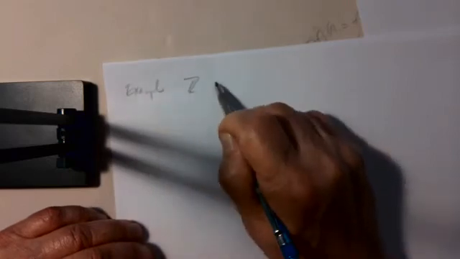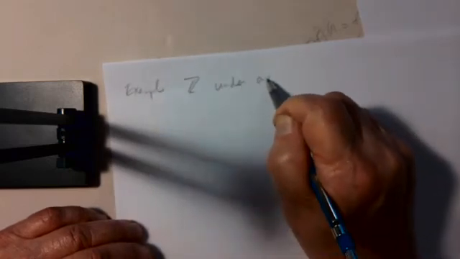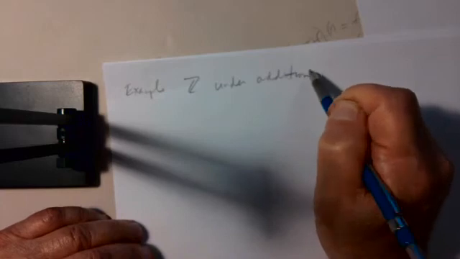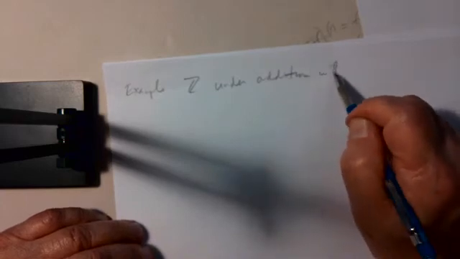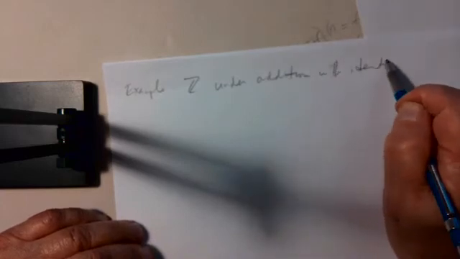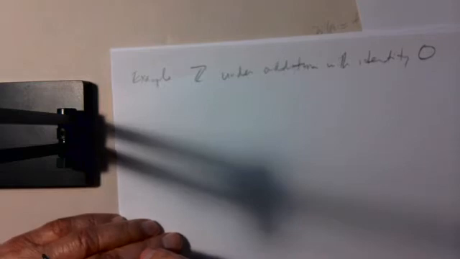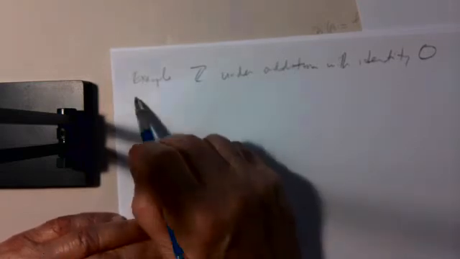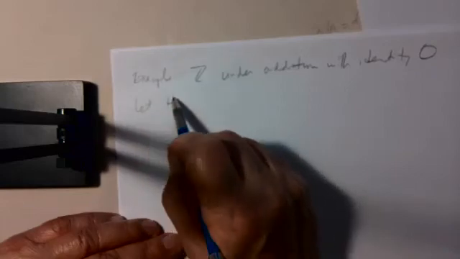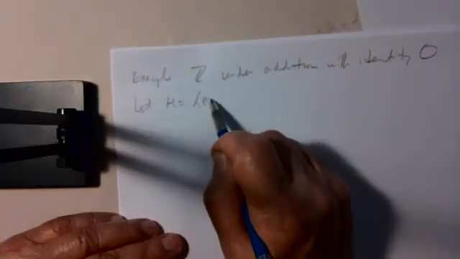So here's an example of a group. The integers under addition with the identity element 0, the number 0. Suppose we let H be the set of even integers.